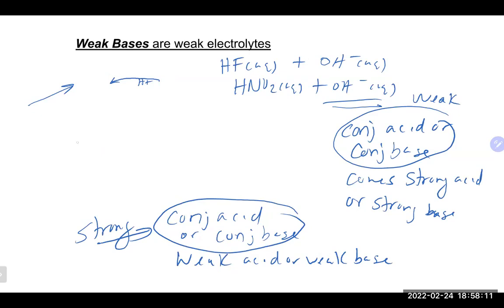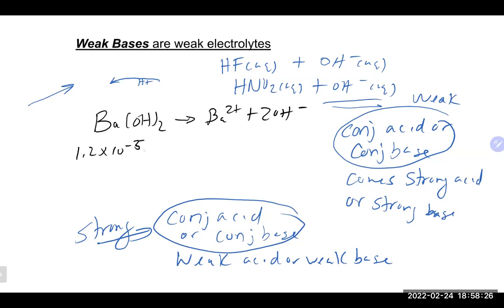By the way, just one point on the concentrations here, just so we're clear as to what is going on. Technically, if this was the 1.2 times 10 to the minus 5 molar, that is moles per liter of barium hydroxide.